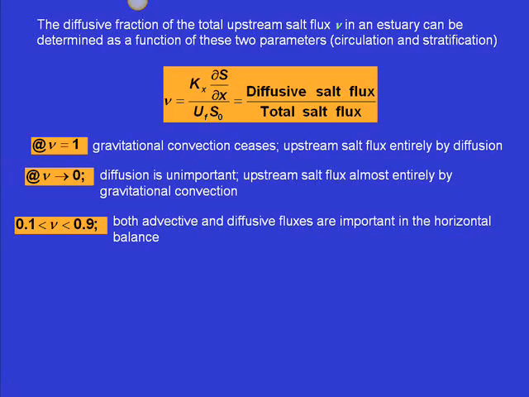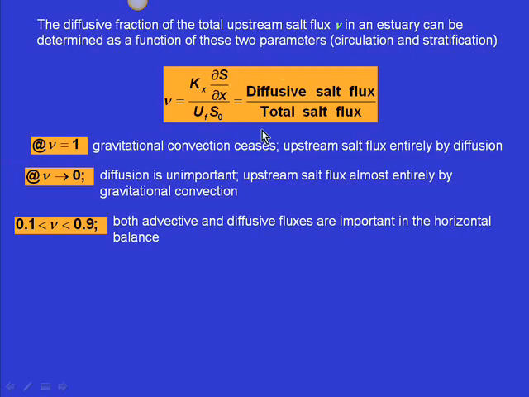So we have those two parameters now, and we can come back to compare advection versus diffusion to determine the diffusive fraction of the total upstream salt flux in an estuary. And we're going to call that diffusive fraction nu. It can be determined as a function of the circulation parameter and the stratification parameter.